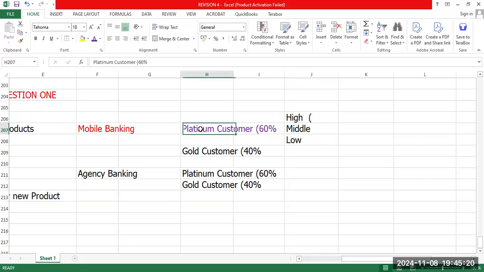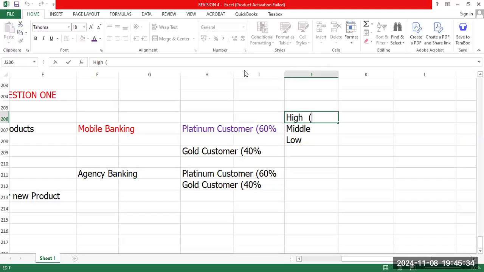What is the probability of finding that the customer is a platinum customer with high income level? You're given that. What is that probability? 0.45.